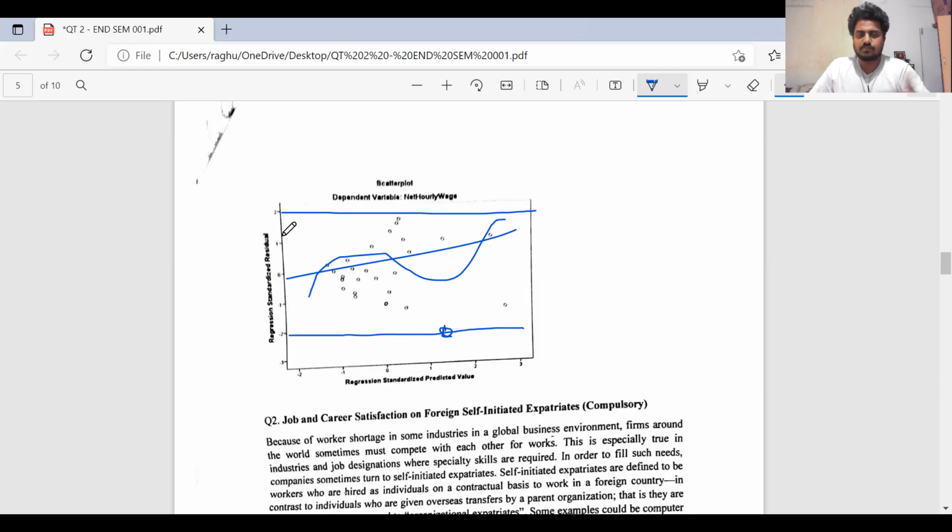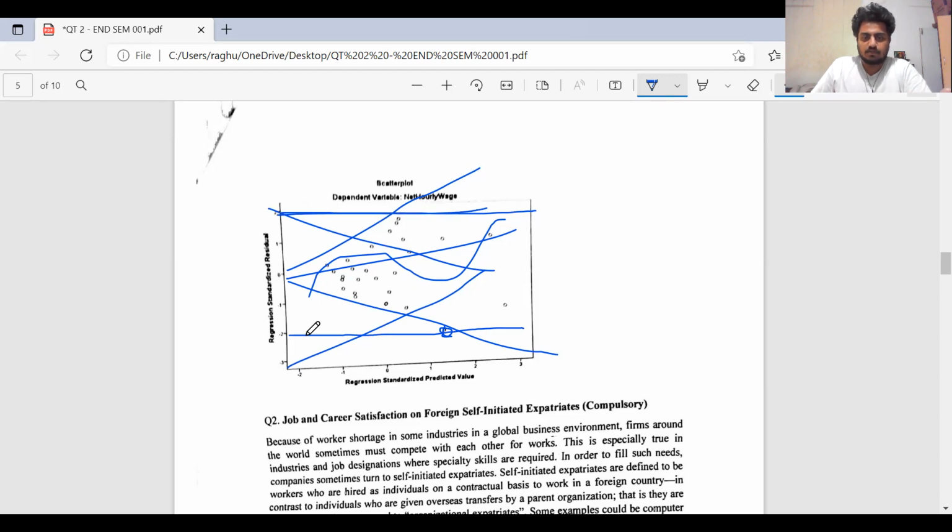So if it forms a horizontal band like that, we can validate that the residuals have equal variance. In case it forms a pattern like funneling out, or for example funneling in, then we can conclude that it's not equal variance, but here the distribution falls within a horizontal band, so we can conclude that it's an equal variance of the residuals. So yeah, this is the validation part.